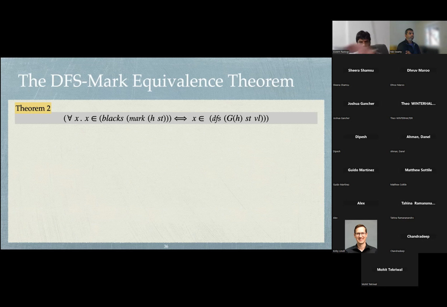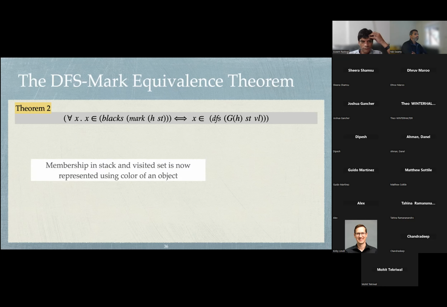Okay. So this actually says that since the DFS visited set is proved to obey the reachability property bidirectionally, all the black objects created by mark are actually obeying the reachability property. So this ensures that mark is able to correctly mark all the reachable objects and only the reachable objects.